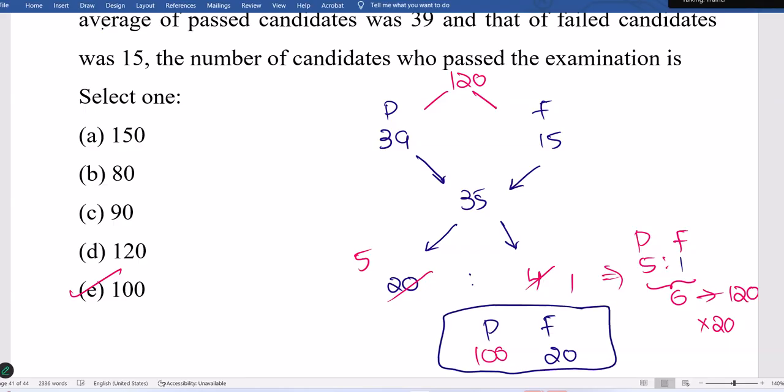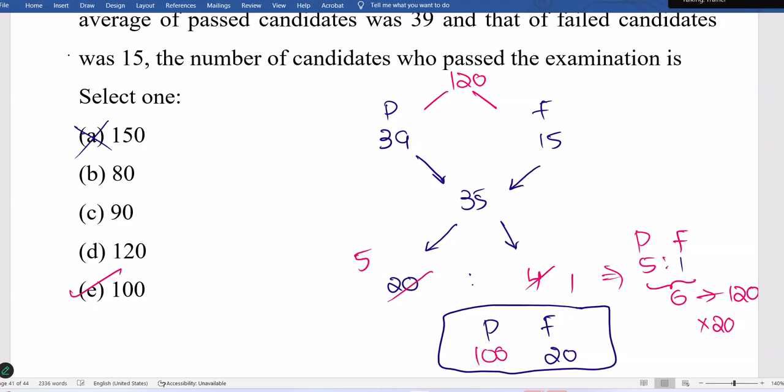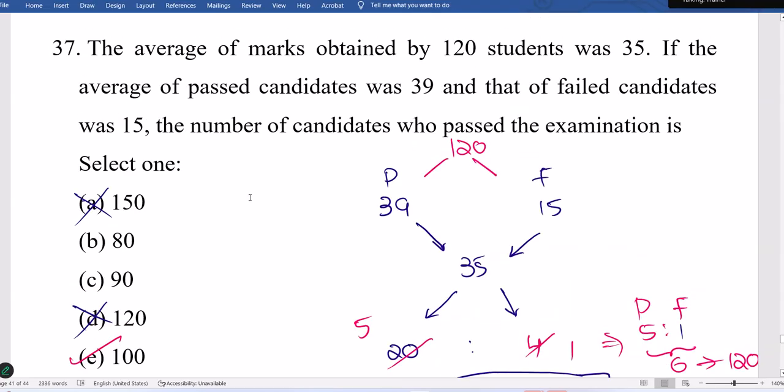The question is the number of passed students, so we can eliminate the options among 80, 90, 100. This can be done in mixtures and alligation compared to average mixing. Pass, fail, overall average of the students, right? So the mixing value should always be in the middle. Got it.